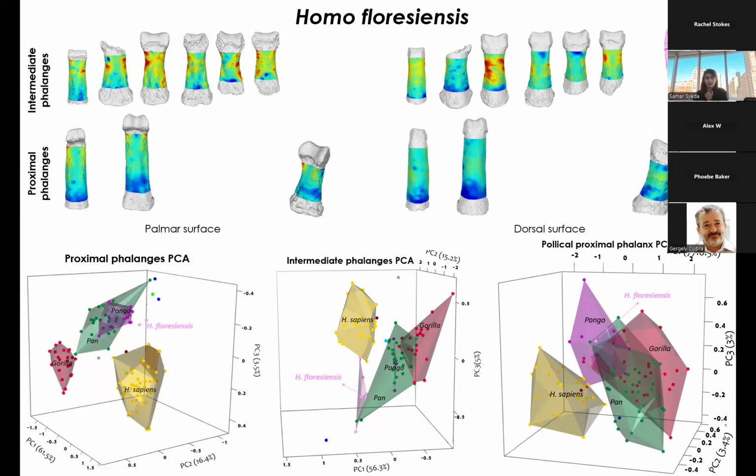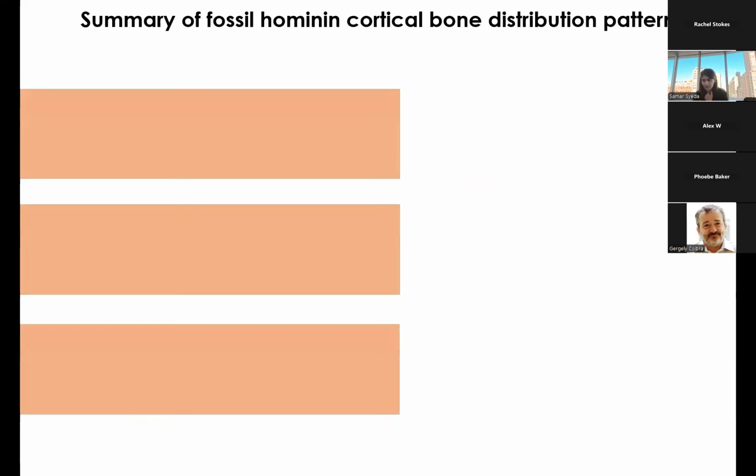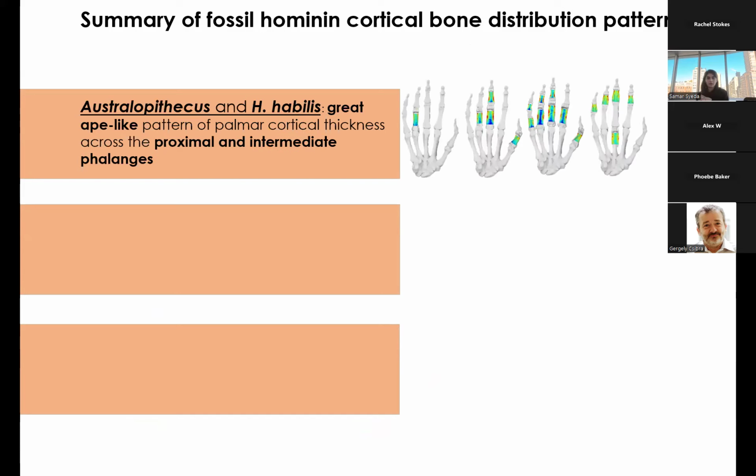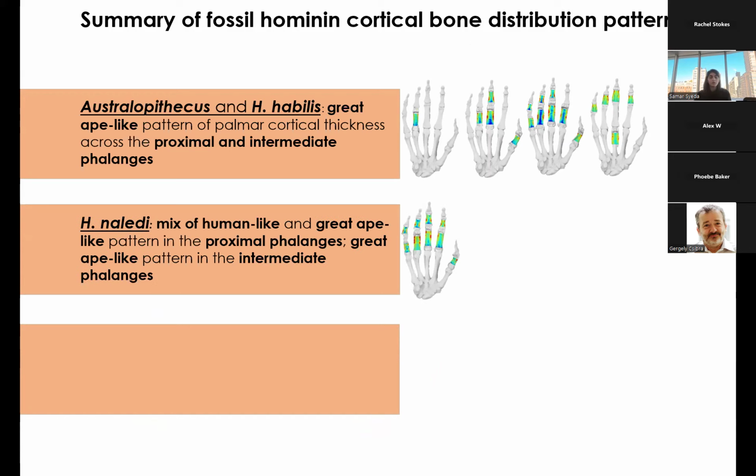Right. That was a lot of information. So I'll rapid fire go through what we covered. The Australopithecus and Homo habilis show this ape-like pattern of palmar cortical thickness across both their proximal and intermediate phalanges. Homo naledi has this mix of human-like and great ape-like pattern in the proximal phalanges, but just a great ape-like pattern in the intermediate phalanges.